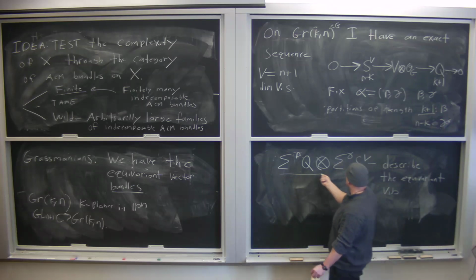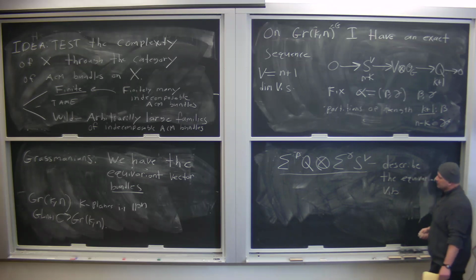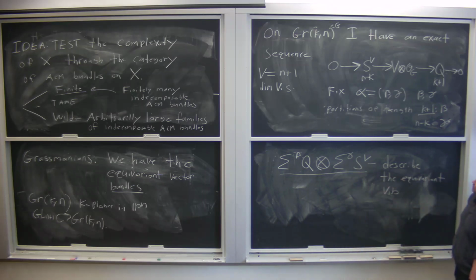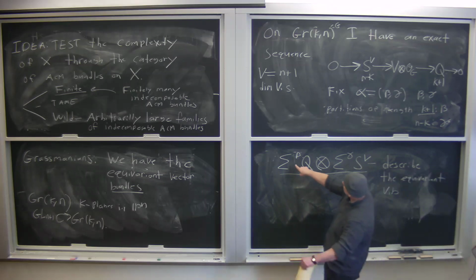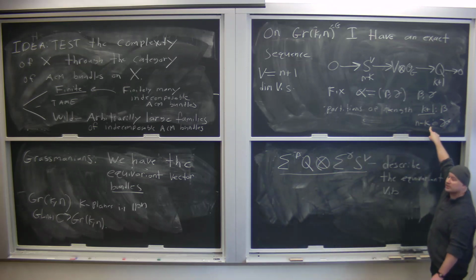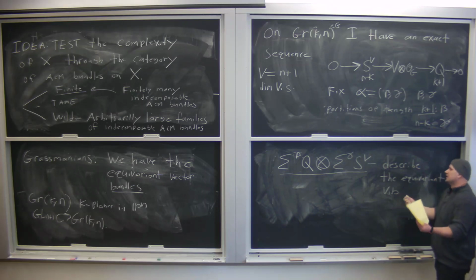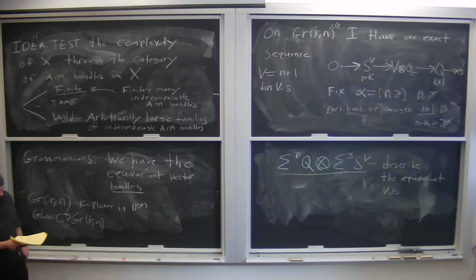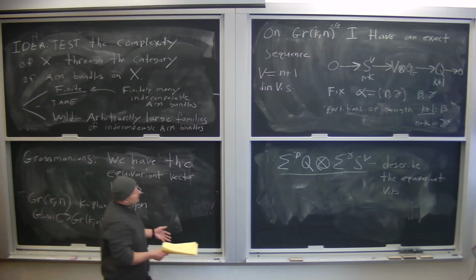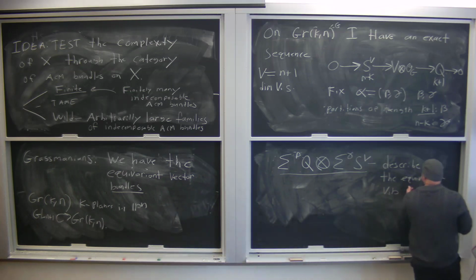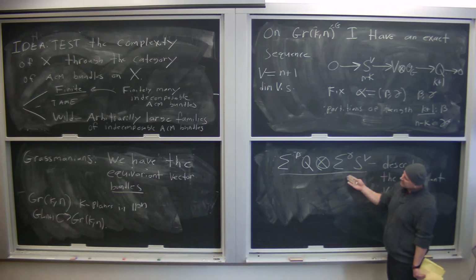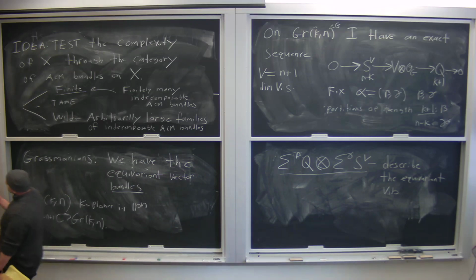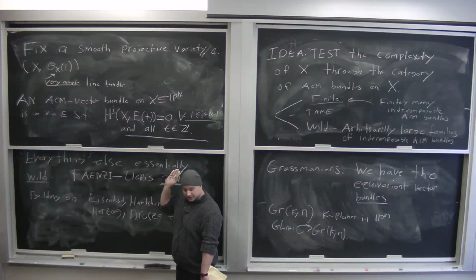And these bundles here are the equivariant vector bundles, the GLV equivariant vector bundles on my Grassmannian. So these are the push forward of some line bundle from the flag variety, as we said in the learning seminar talk. And the point is that if I want to ask the question, is this an ACM bundle, I have to be able to compute the cohomology.